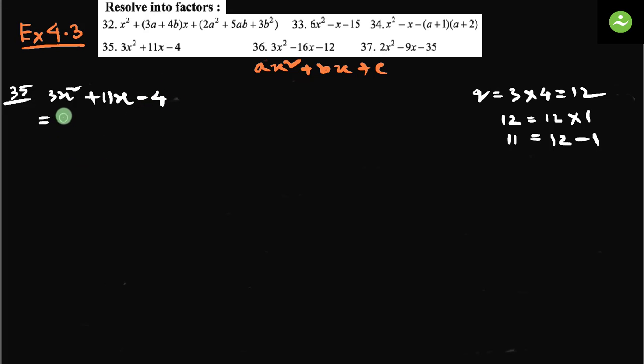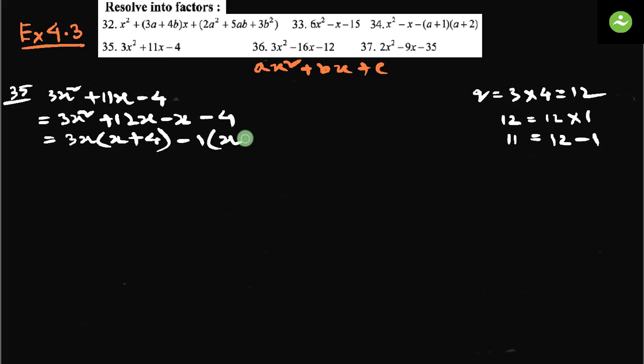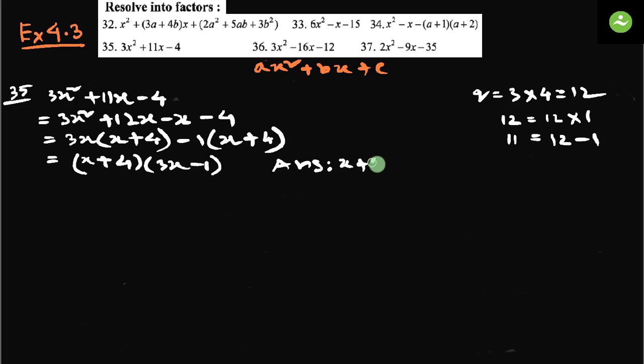So equals 3x square plus 12x minus x minus 4 equals, if we take 3x common, x plus 4, minus 1 common, x plus 4, equals x plus 4 into 3x minus 1, and that is the answer. x plus 4 into 3x minus 1.